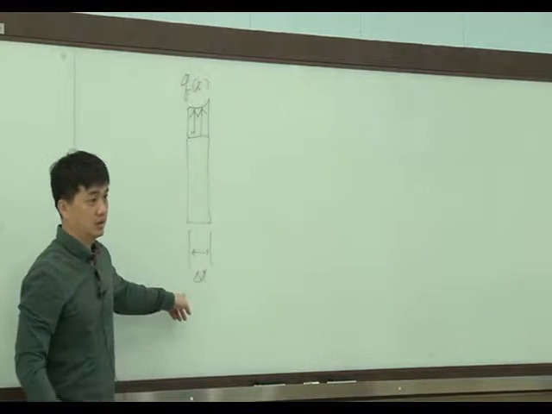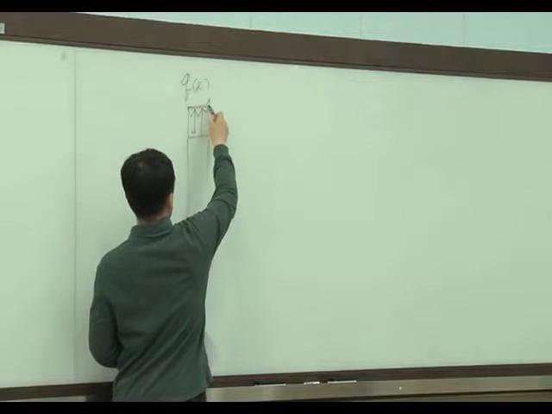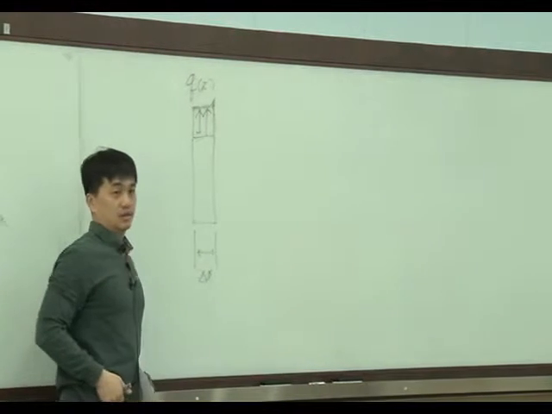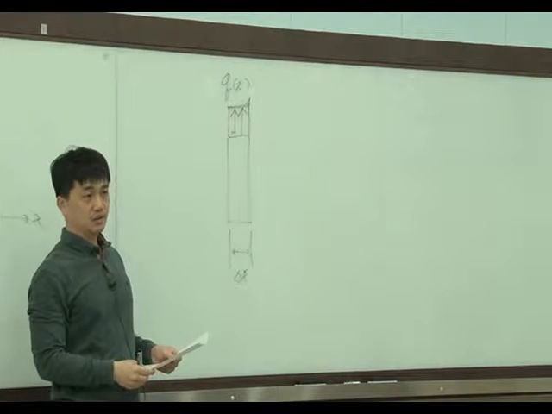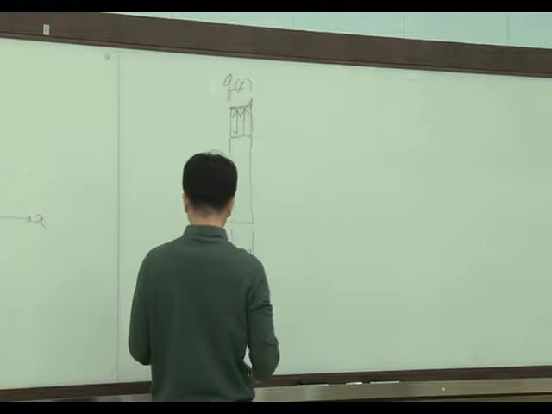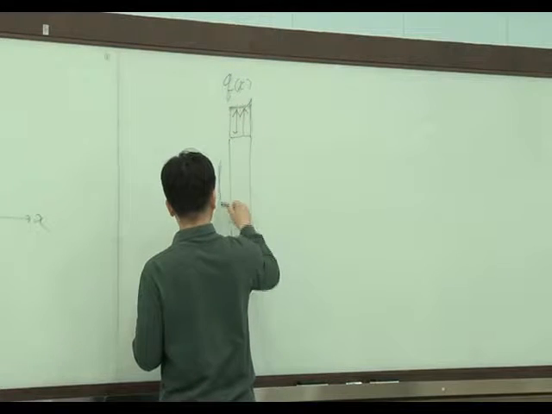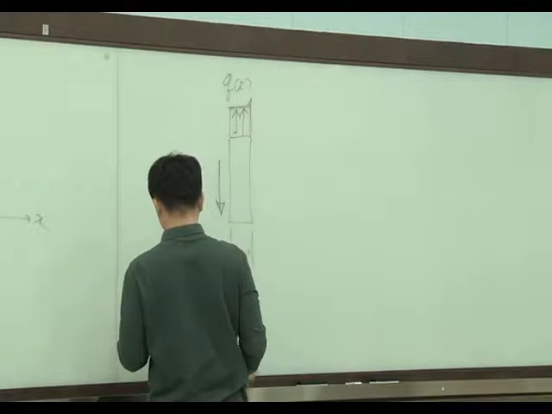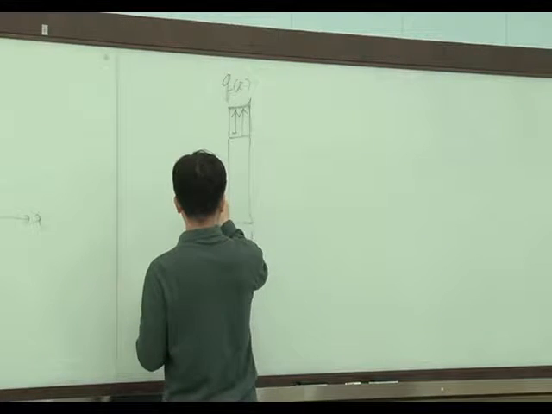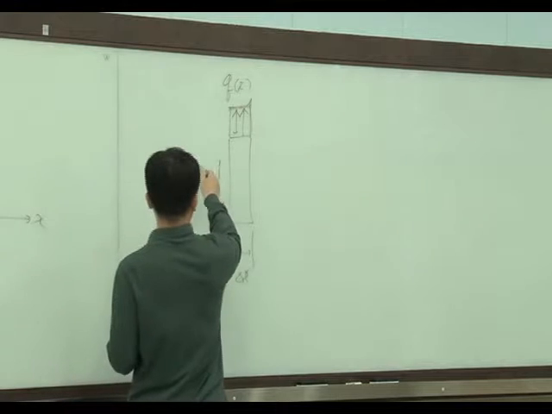Because delta x is very small, q(x) can be considered constant, right? Because in this case, the length is very small. And this beam can have some shear force and moment.